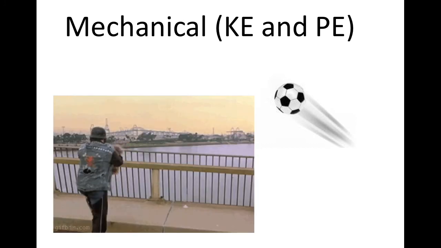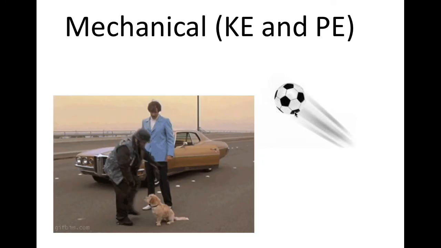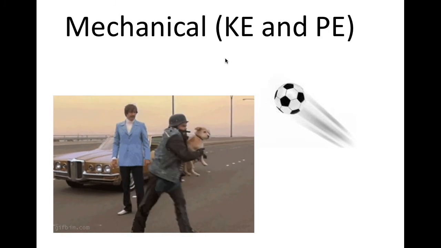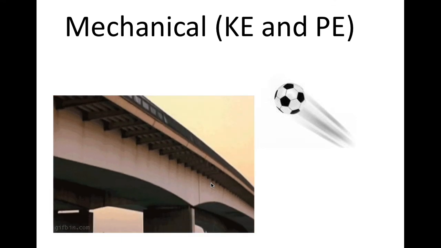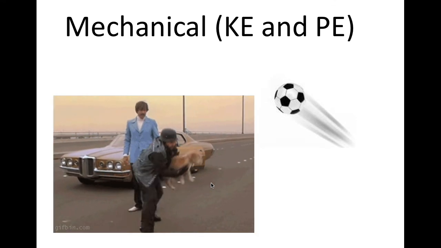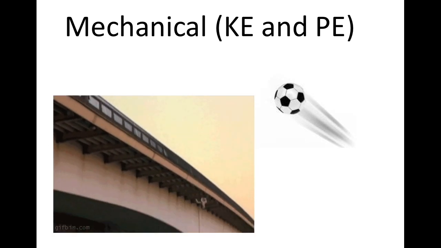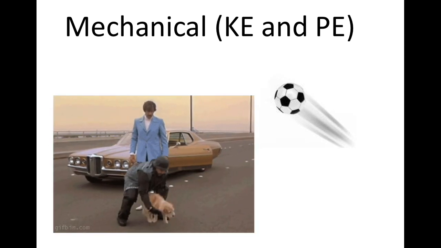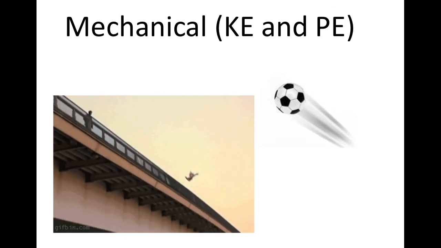Mechanical energy that is both kinetic and potential: remember that ball that's flying in the air? While it's flying, it has velocity, just like the dog that's flying in the air, and it also has potential energy because it is experiencing the downward fall. Because it is higher up in elevation, its vertical position is higher, therefore it has potential energy.